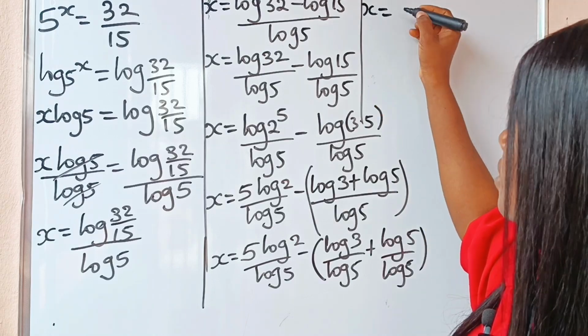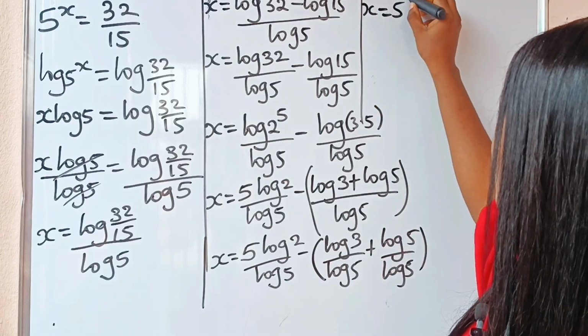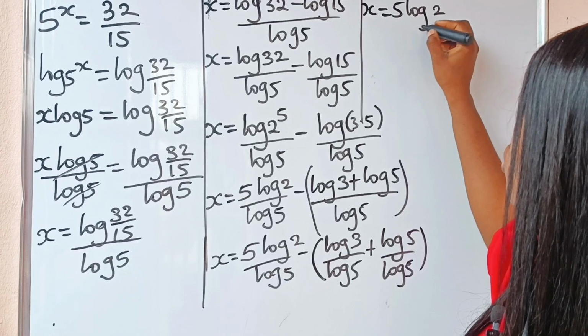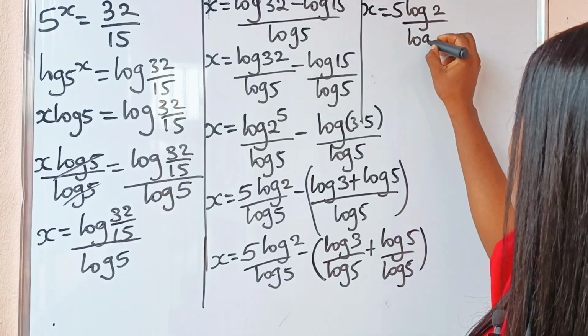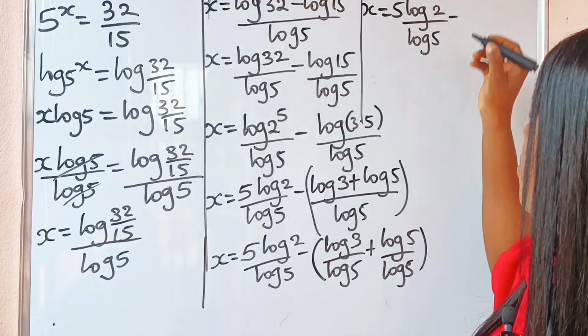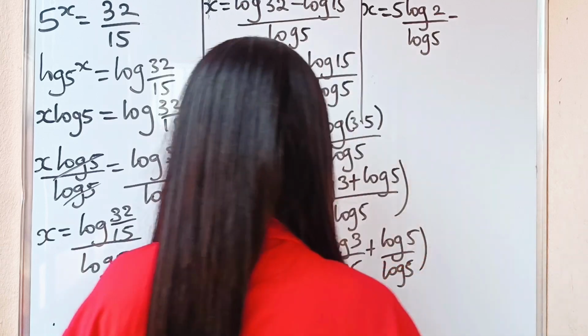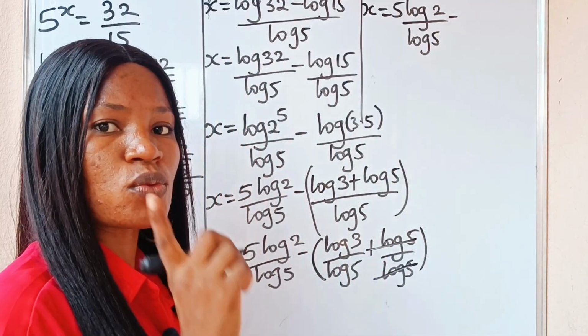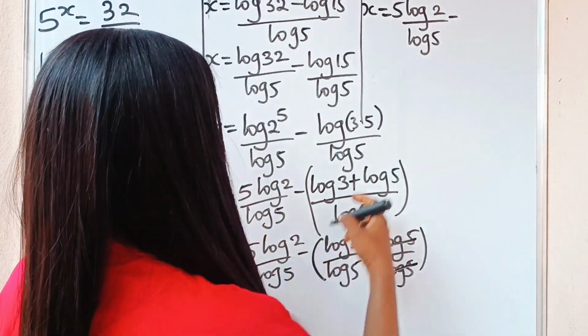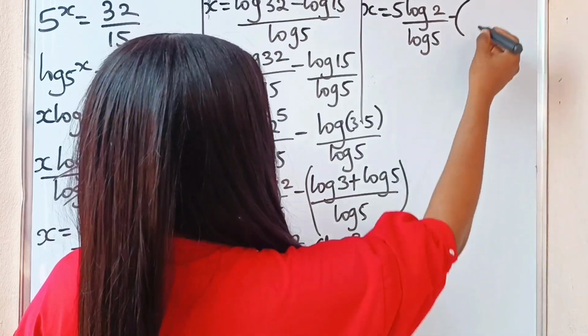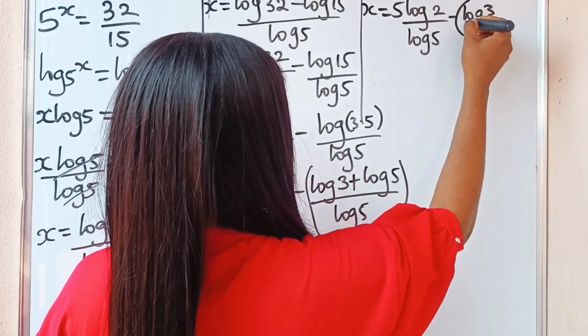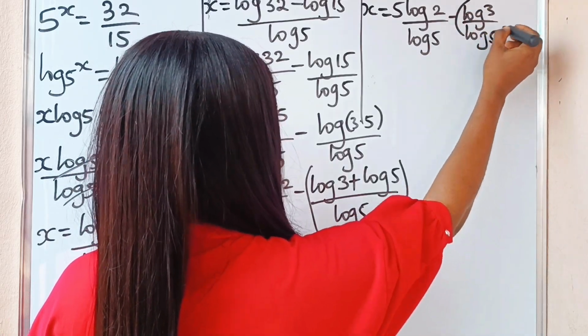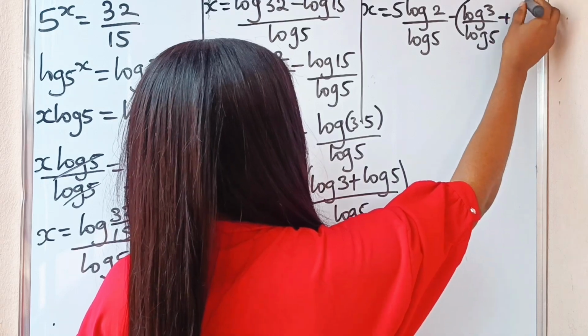Our x is equal to 5 log 2 divided by log 5, all right, minus, now this will divide this to give us 1, right? So we are going to have minus log 3 divided by log 5 plus 1.